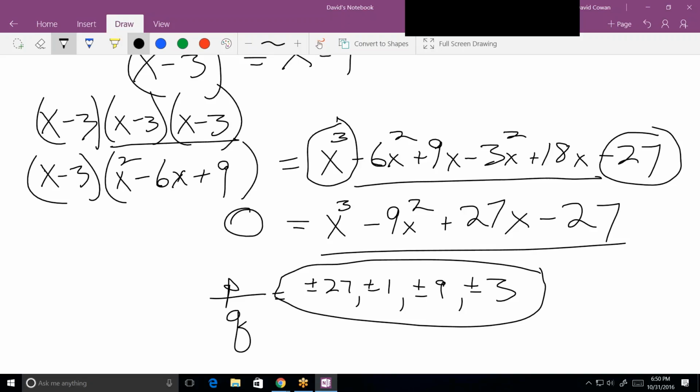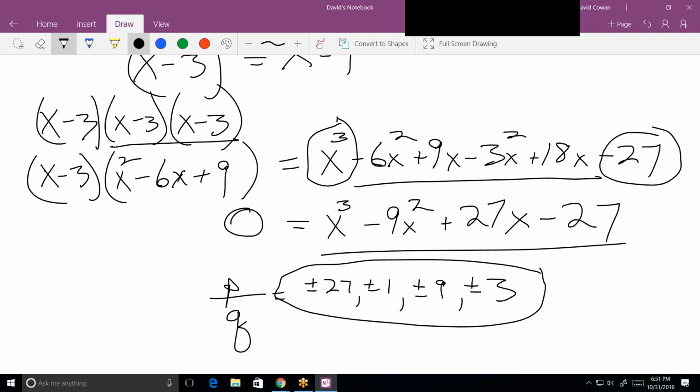Q is the coefficient of the x cubed term. And then the way you find a 0 is to randomly divide this polynomial using synthetic division. I always start with the smallest number, plus 1. If that doesn't work, minus 1. You keep dividing until you get a 0 remainder.